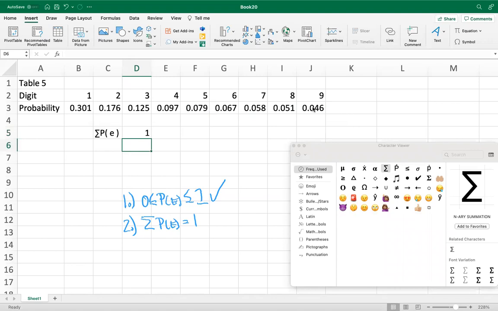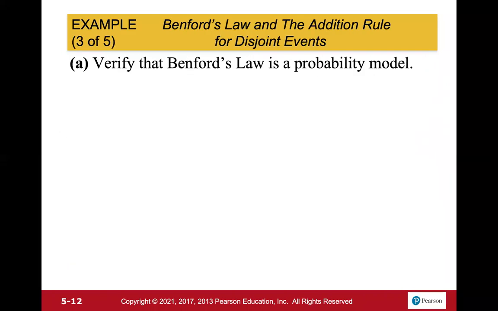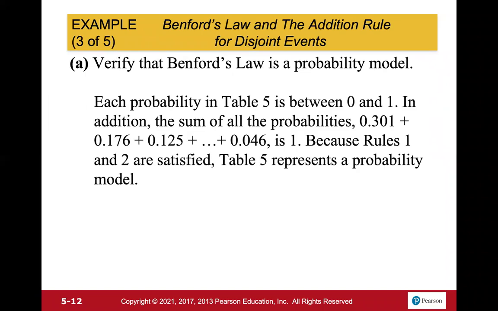And the sum is equal to 1. Because both of these conditions are satisfied, we can say that this is a probability model. Each probability is between 0 and 1, and the sum of all of them is 1.